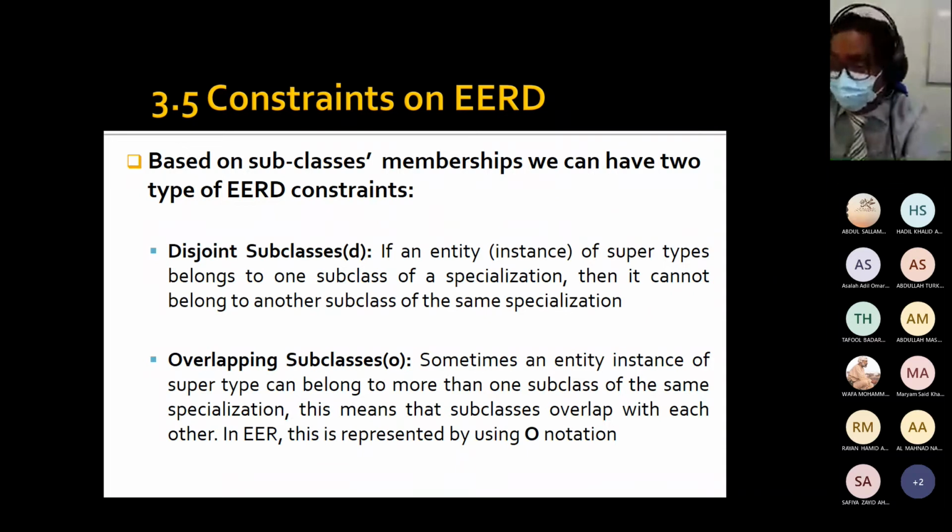I don't think so either. This is a good example of a constraint using disjoint subclasses. A supertype belongs to only one subclass of a specialization. They cannot belong to each other because the subclasses have, of course, totally different specializations.